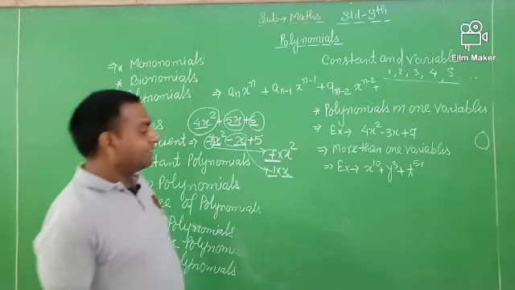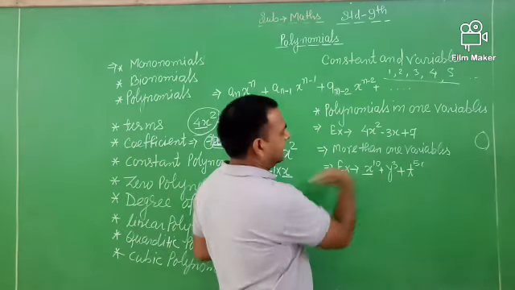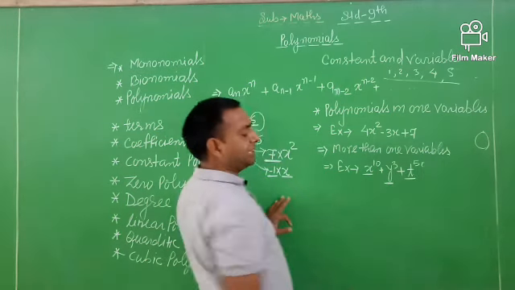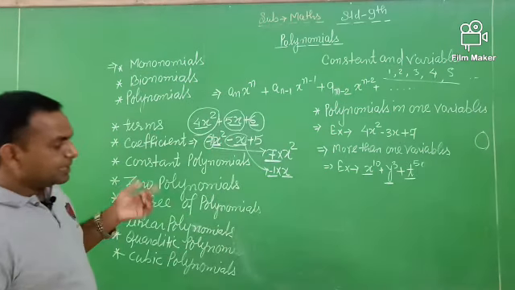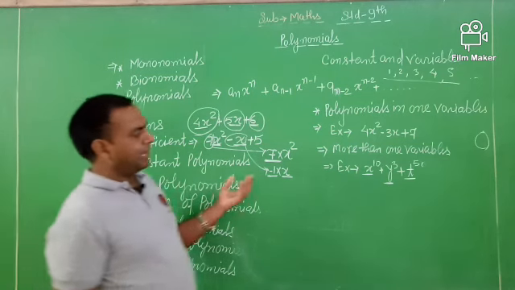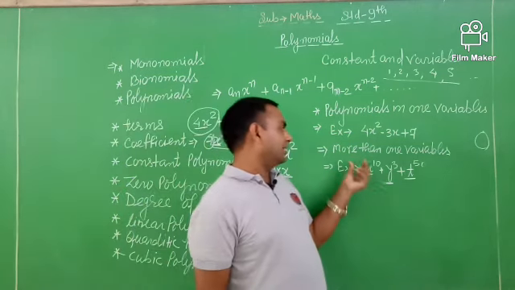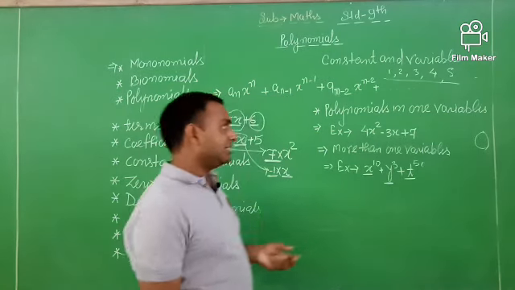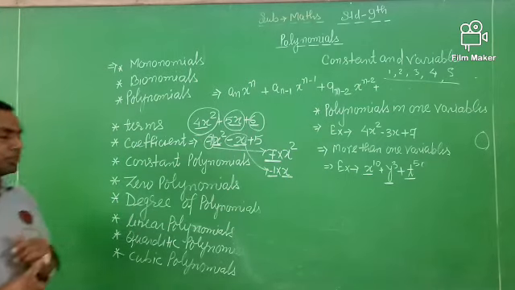Here the first variable is x, the second variable is y, the third variable is t. So this polynomial has more than one variable, and is called a polynomial in more than one variable.